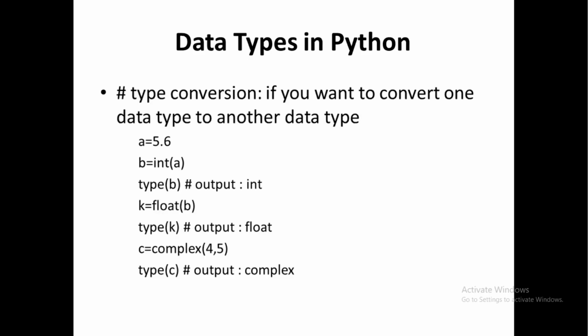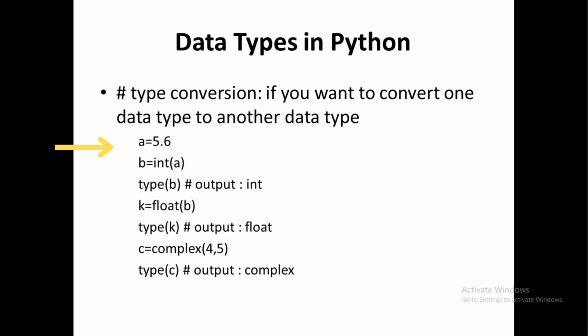Type conversion: you will use type conversion if you want to convert one data type into another data type. For example, see here: a is equal to 5.6, so a will be a float.